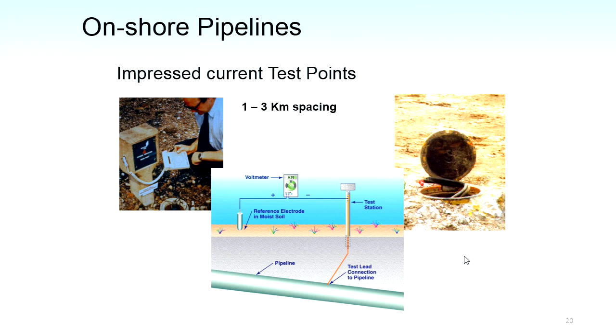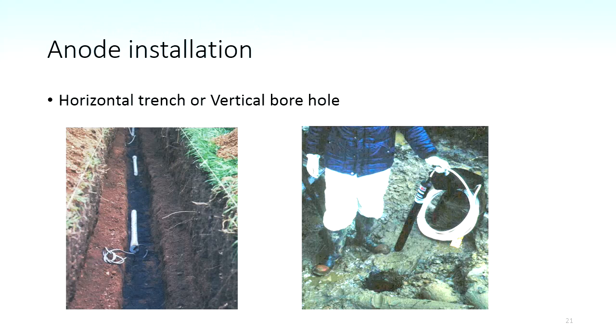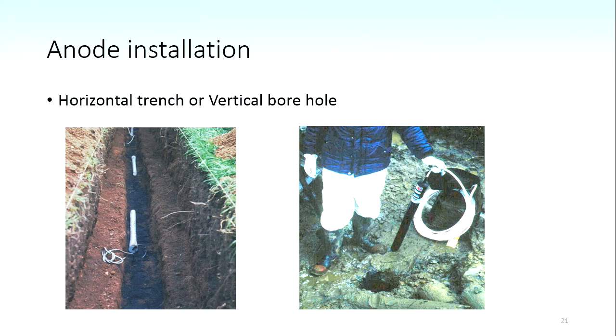Alternatively, you can drop the anodes in vertically, and that works pretty well. The field distribution, the potential gradient that you get from the anode to the pipe, works pretty well in both orientations.